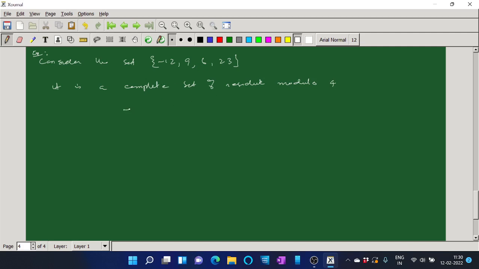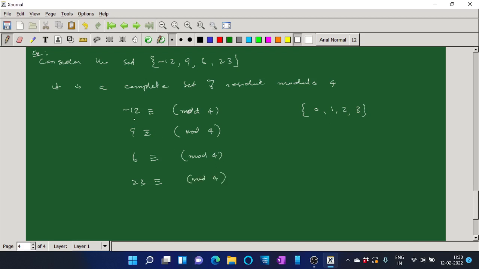That means minus 12 is congruent to one integer like 0, 1, 2, 3. 9 is congruent to one of these integers 0, 1, 2, 3. 6 is congruent to one of these integers modulo 4, and 23 is also congruent to another integer in the set modulo 4.